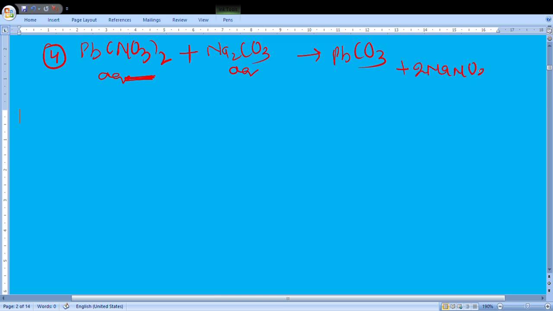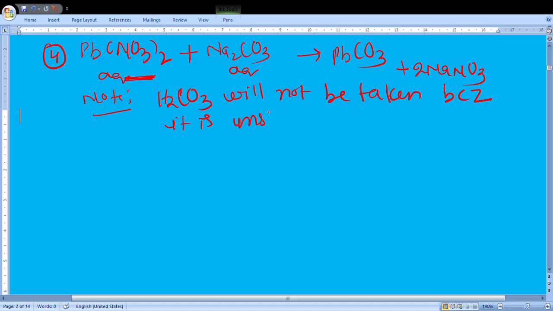Now the question arises in our mind, why not H2CO3? The H2CO3 will not be taken as a reagent because it is an unstable compound, while Na2CO3 is a stable compound.